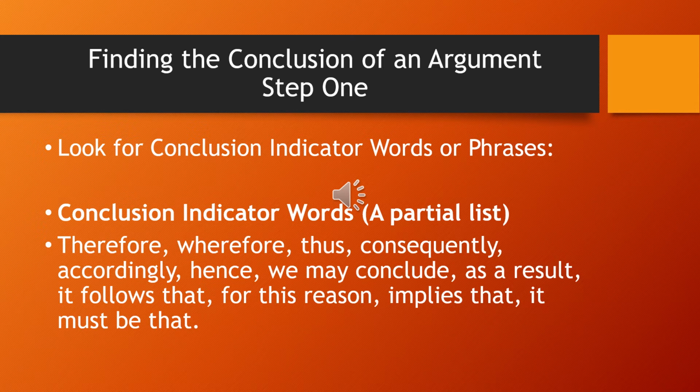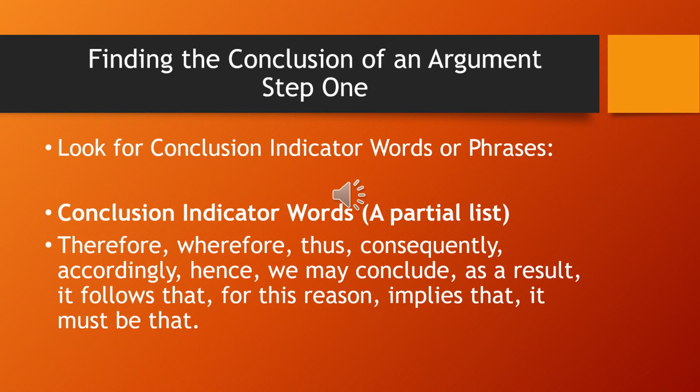Now, the first thing we're going to do when we're dealing with an argument is we're going to try to find the conclusion. The simplest way to do this is to, first of all, look for conclusion indicator words or phrases. As the name implies, these are words or short phrases that indicate that a conclusion is being given.